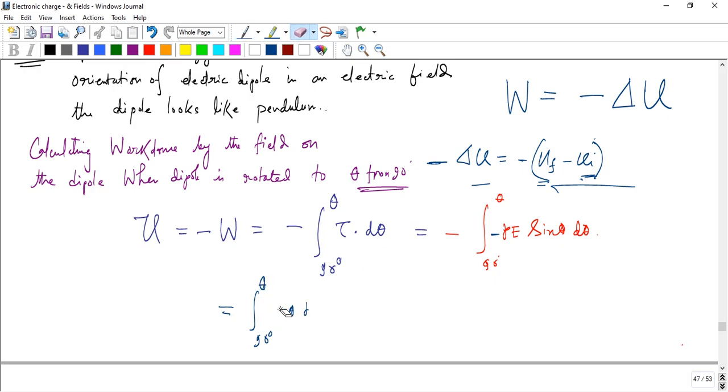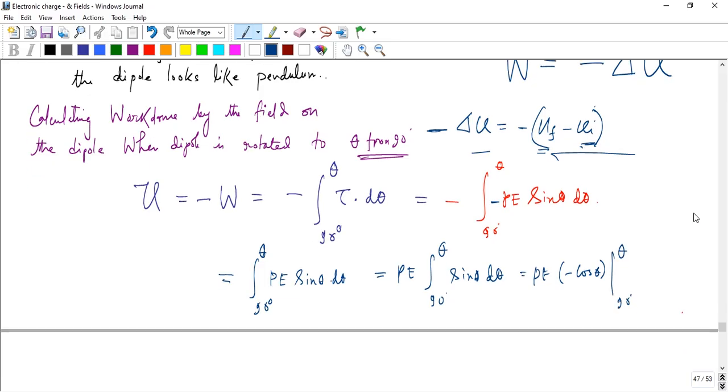So that is PE sin theta d theta. Now P and E are constant. The integral from 90 degrees to theta of sin theta d theta, you know from class trigonometry, the integration of sin theta is minus cos theta, from 90 degrees to any value of theta.